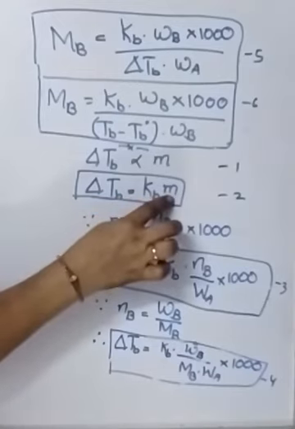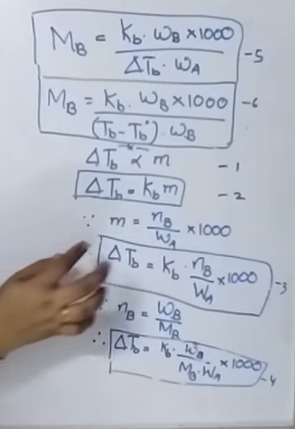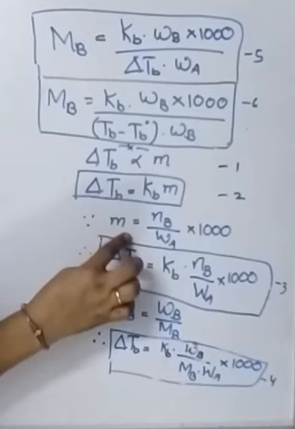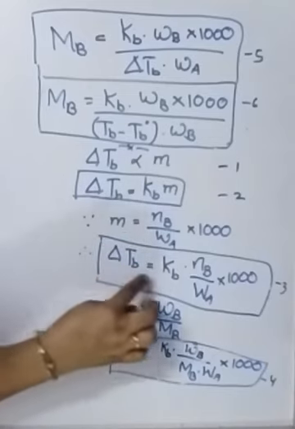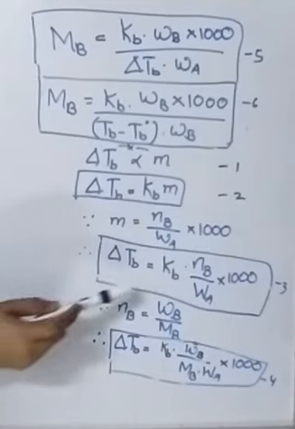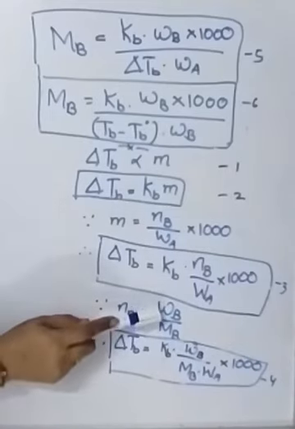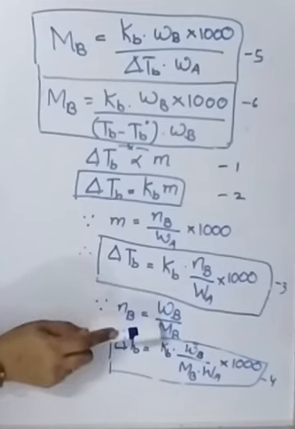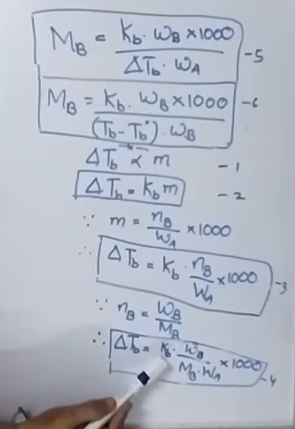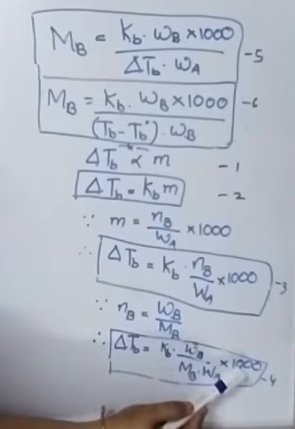When we have a 1 molar solution, it will be equal to the elevation in boiling point. On putting the expression for molality, we get del Tb equals Kb Nb upon Wa into 1000. Now Nb, the number of moles, is given mass upon molar mass. Putting this, we get del Tb equals Kb Wb upon Mb Wa into 1000.